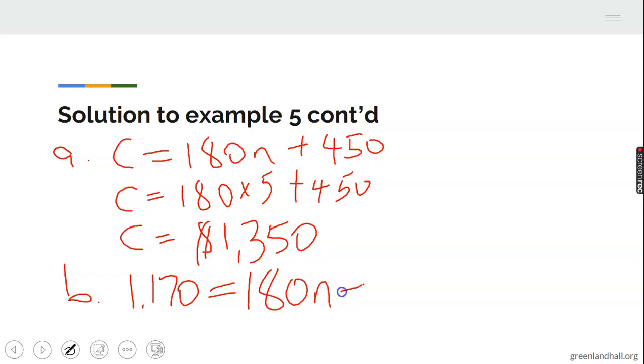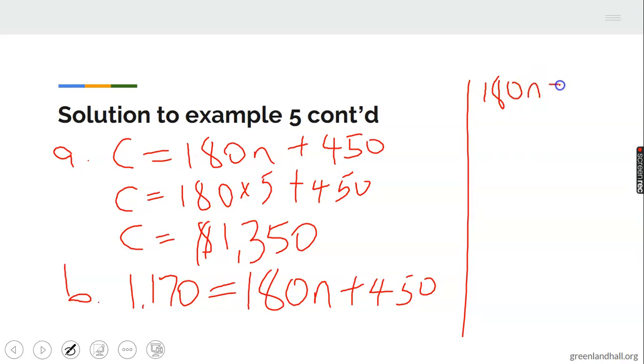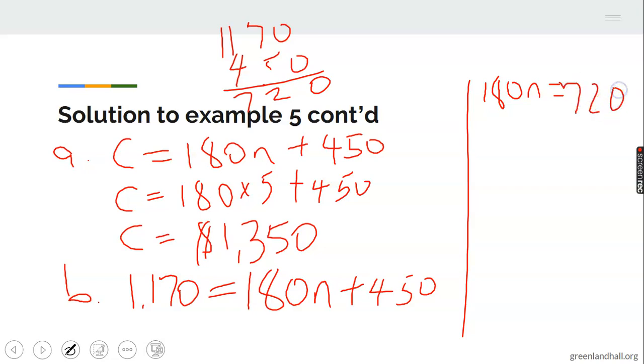That will be 180n plus 450. So collect the like terms. That will be 180n equals 1,170 minus 450. This will be 720. That means you are looking for n.